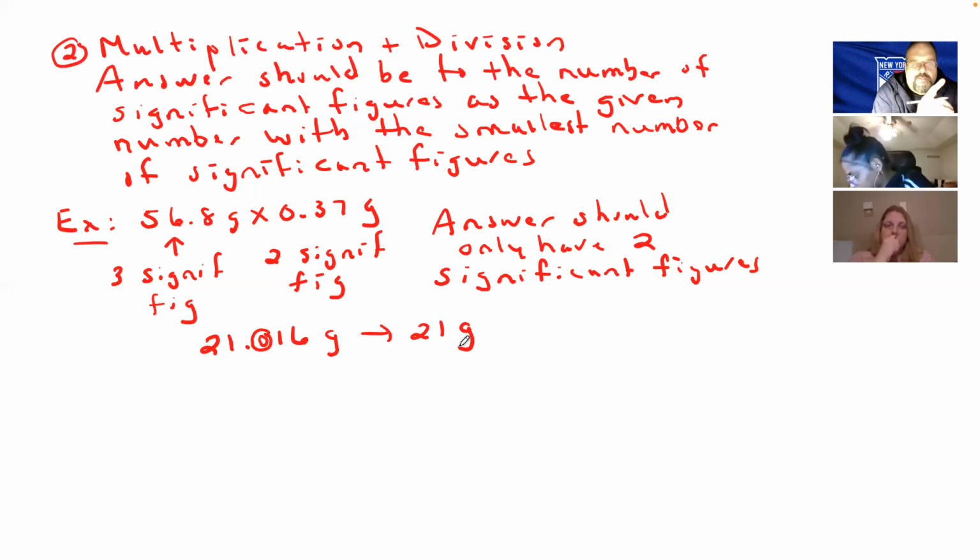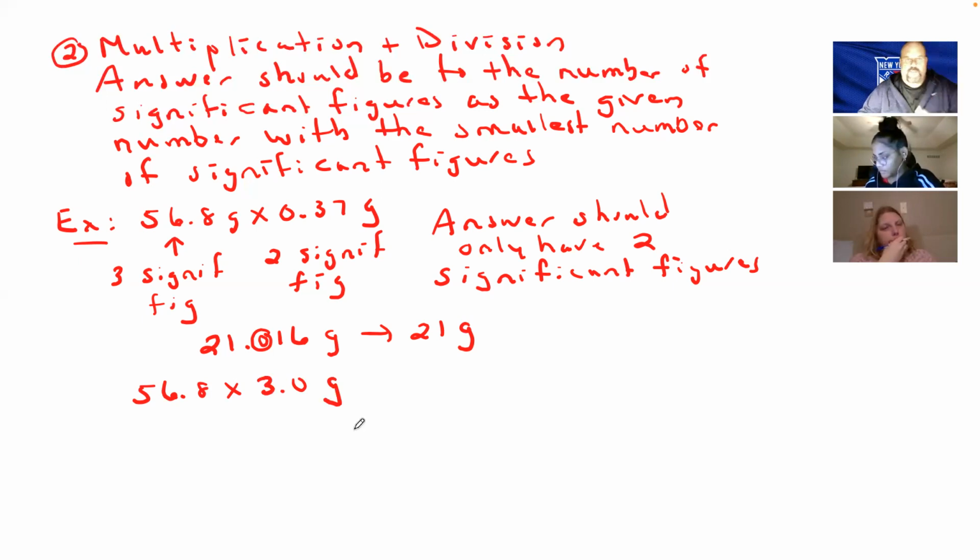Here's a useful thing to keep in mind when I think about multiplication and division. Let's say for argument's sake that instead of multiplying the 56.8 times 0.37 grams, suppose I multiplied the 56.8 times 3.0 grams. Now the 3.0 still has 2 significant figures, so my answer should still have 2 significant figures.